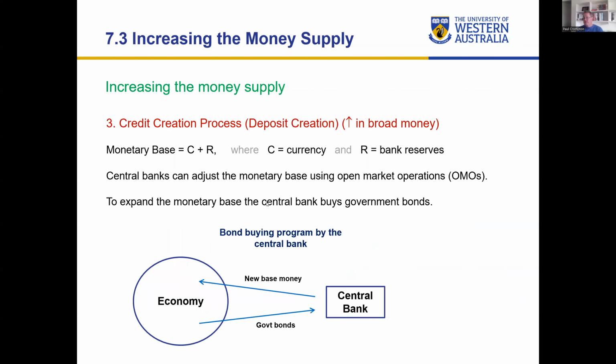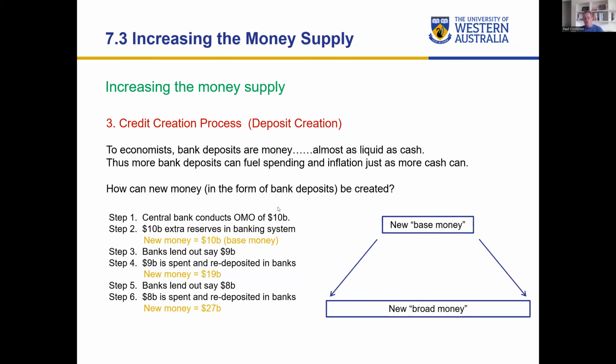Certainly during a recession, the central bank may buy bonds and inject new money into the economy with the hope that the new money will stimulate new spending, new borrowing, new lending, and kick this process off. But QE is something different.